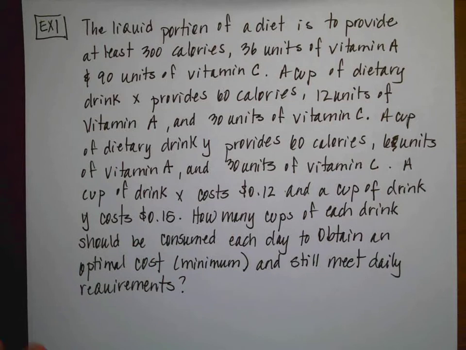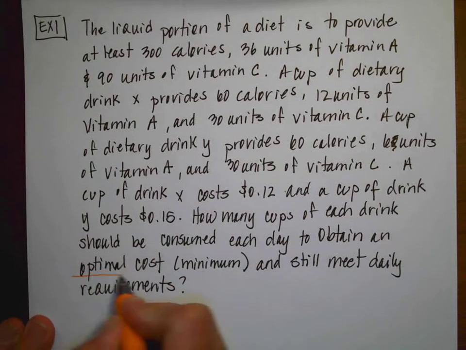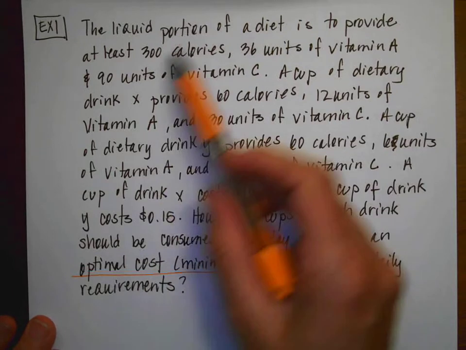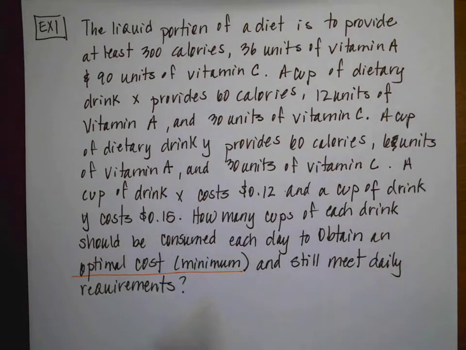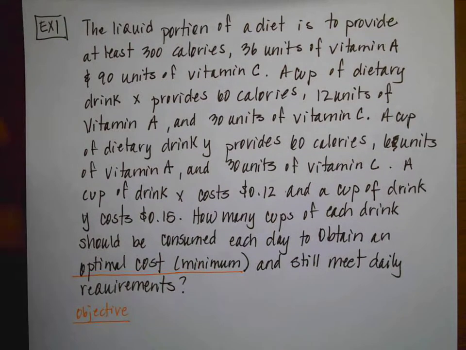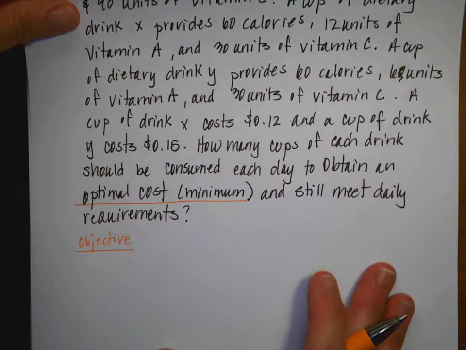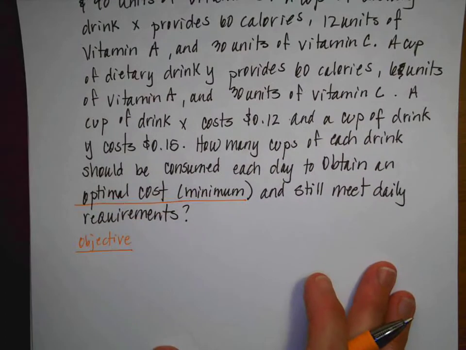All right, let's start with the last sentence, because that might help us define our variables, because there's a lot of stuff going on up here. So for my objective function, typically it's going to be something that has to do with cost or profit.